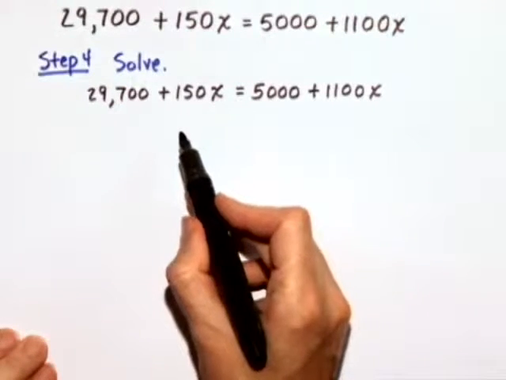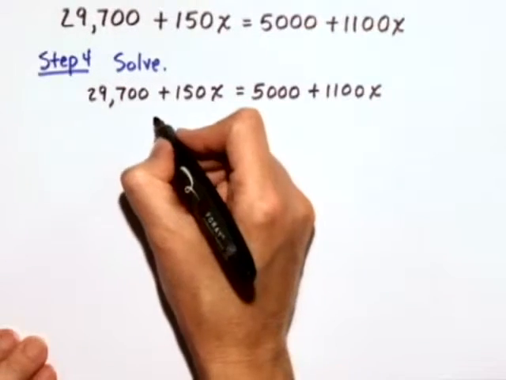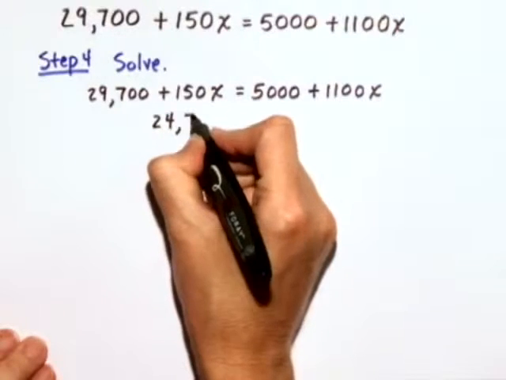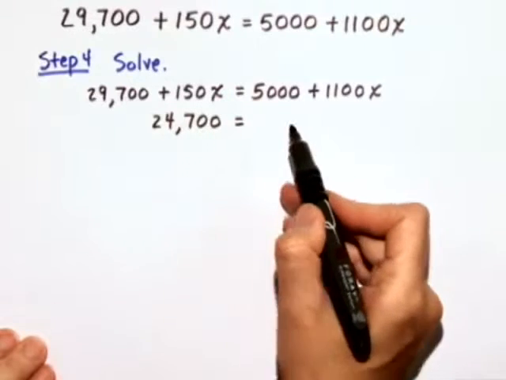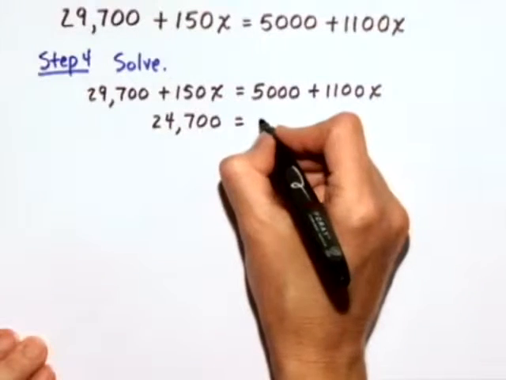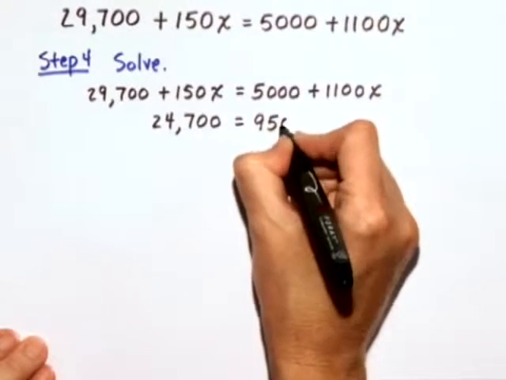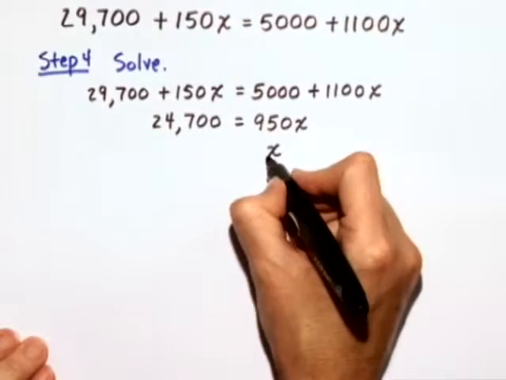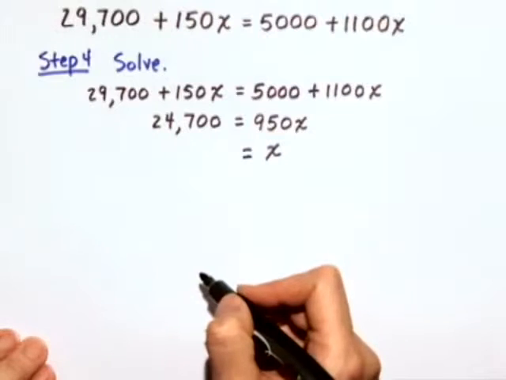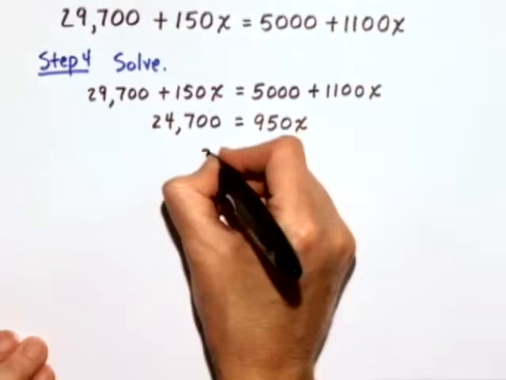If I subtract 5,000 from each side of the equation, I'll have 24,700 is equal to, and I'll also subtract 150x from both sides of the equation, and on the right-hand side I'll have 950x. When I divide both sides of the equation by 950, I'll get x is equal to 26.